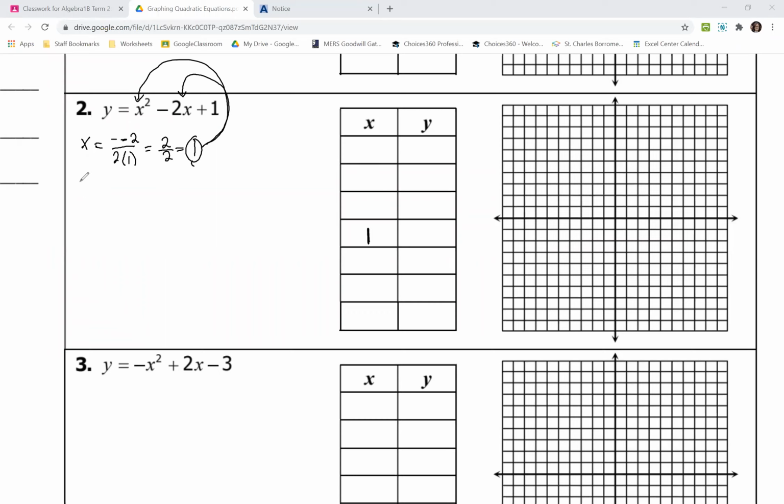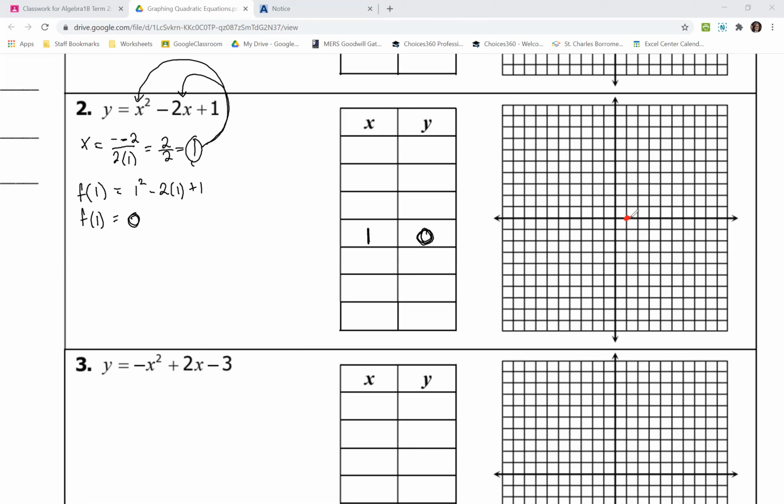If I'm going to plug a value in, I say f of 1 equals 1 squared minus 2 times 1 plus 1. So 1 squared is 1, minus 2, plus 1. 1 plus 1 is 2, minus 2, so that's going to be 0. f of 1 is 0. Okay, so we could plot our first point. We have (1, 0). I'm going to go over 1 space and then up or down 0 spaces. So it'll be right there. Which is just really cool, guys.